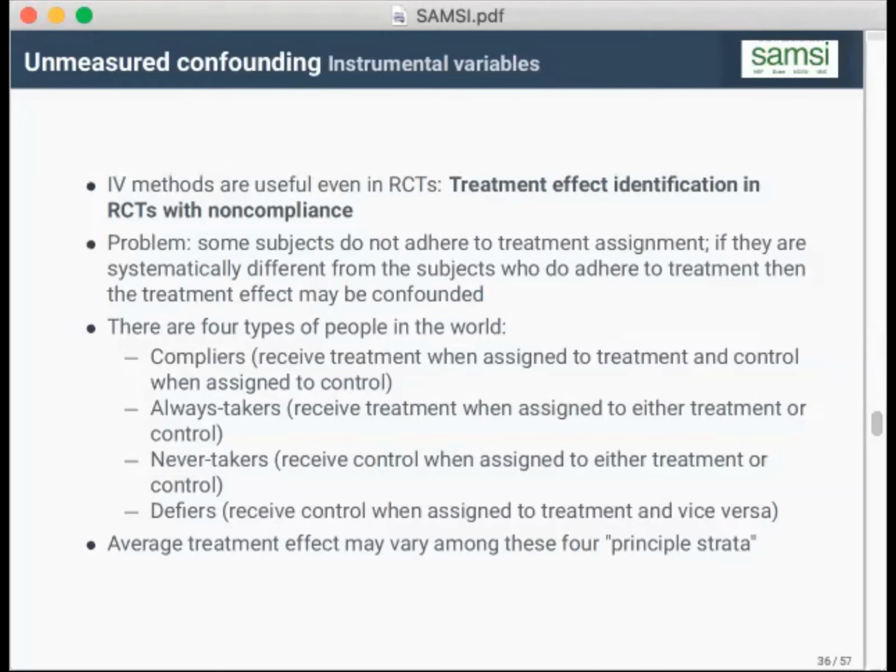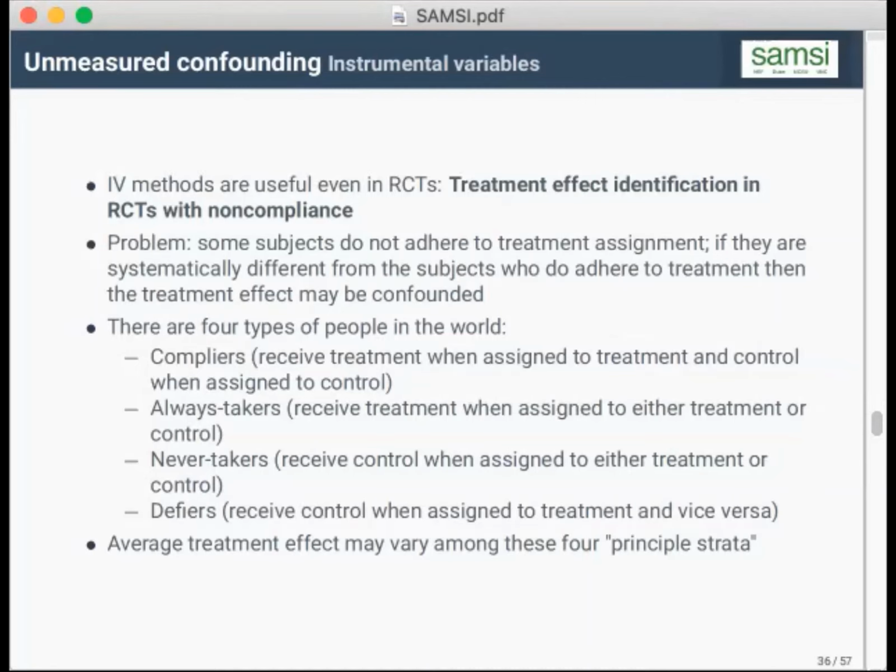Instrumental variable methods are useful even in randomized clinical trials or randomized experiments where the treatment assignment is truly randomized. And this is because if some subjects do not adhere to treatment assignment, and if they're systematically different from subjects who do adhere to treatment assignment, then whenever there's non-compliance, the treatment effect could be confounded.